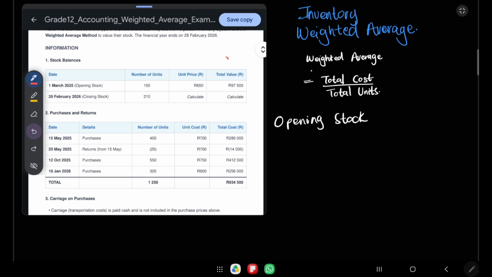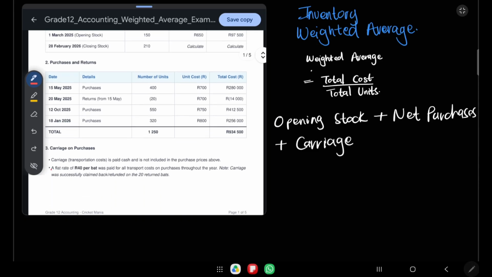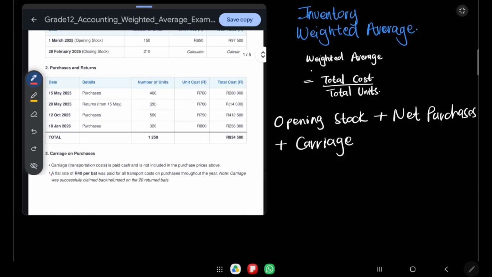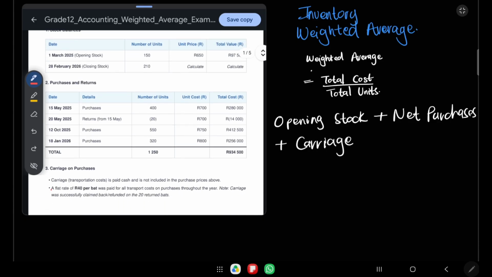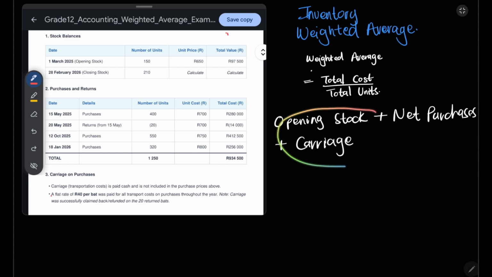We also have our carriages, plus our net purchases, meaning all of our purchases, plus our carriage. We have opening stock, purchases, and carriages. We also have sales there, but we don't need that information here. These three components make up our total cost.